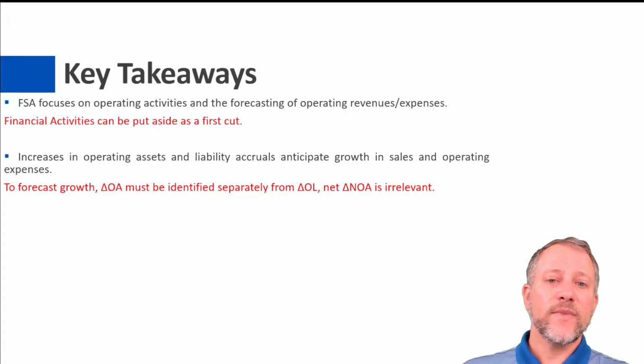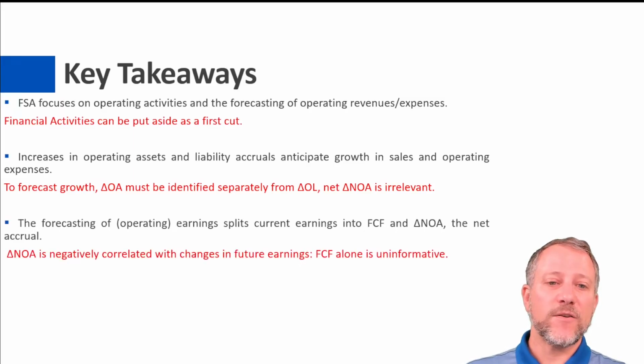And so instead of netting assets and liabilities together, we need to look at both sides of the balance sheet separately, and to the extent they're both growing, that's going to forecast increases in both future sales and future expenses.